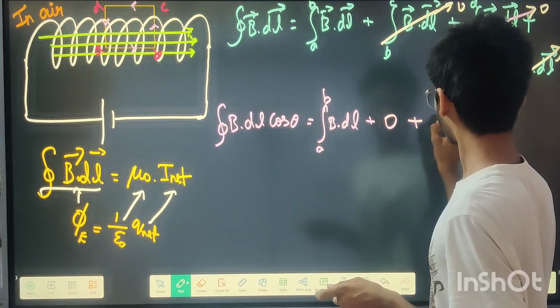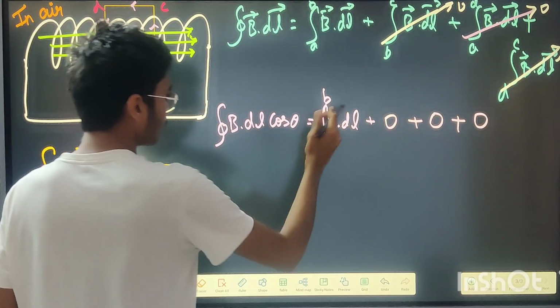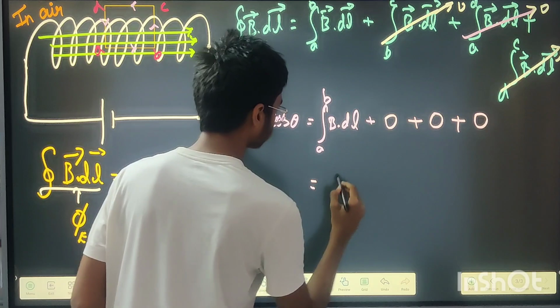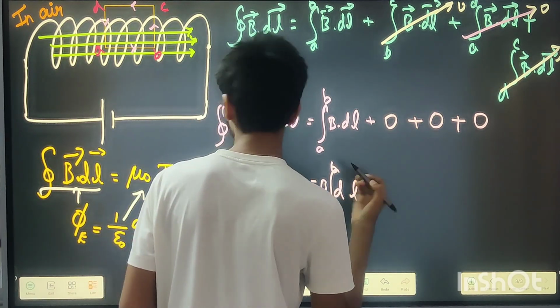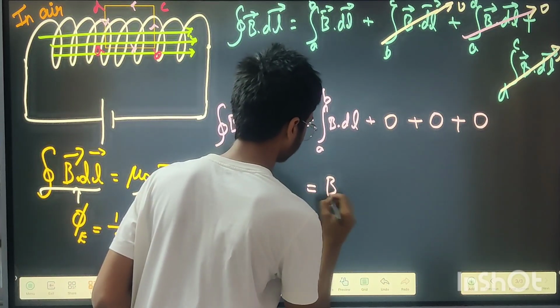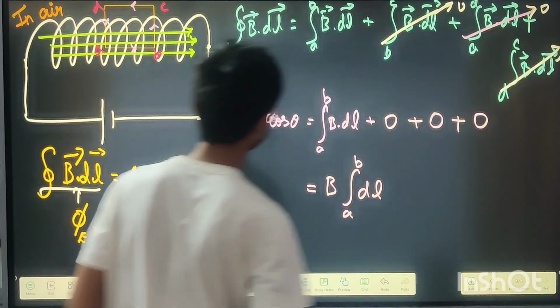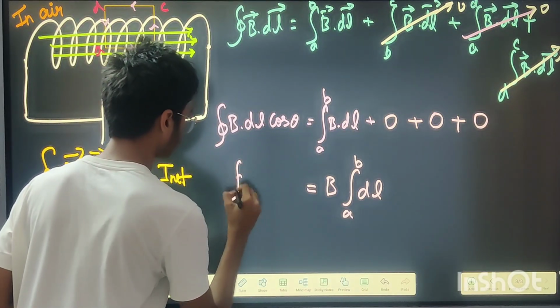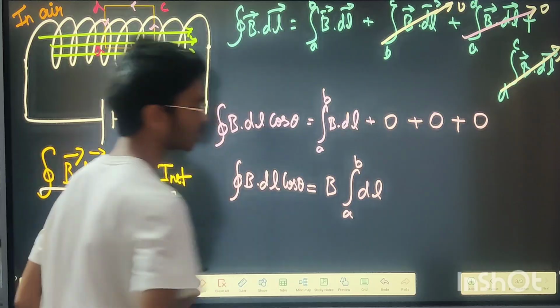So 0 plus 0 plus 0. Now what you can do is integrate it along AB, and then dl, which is B dot dl cos theta.